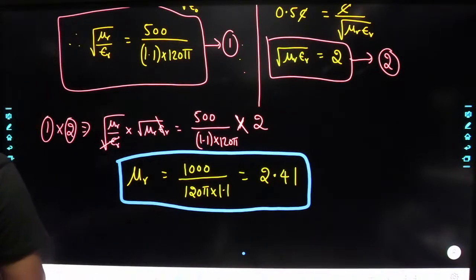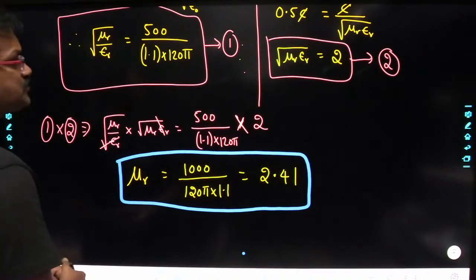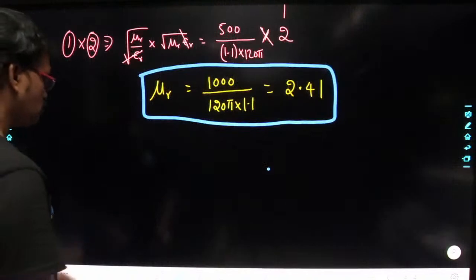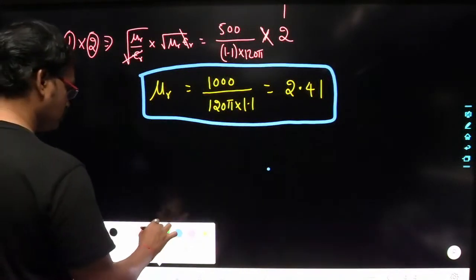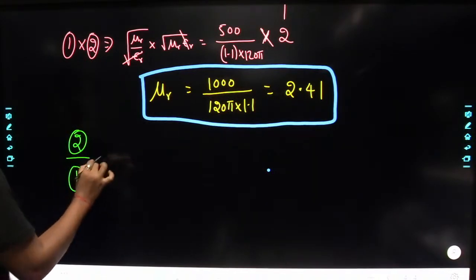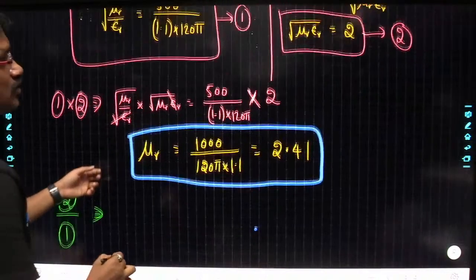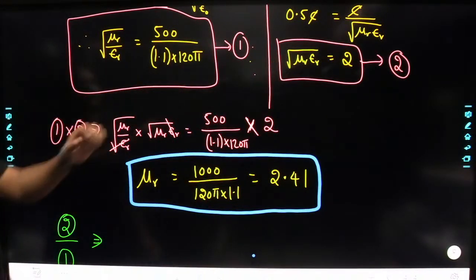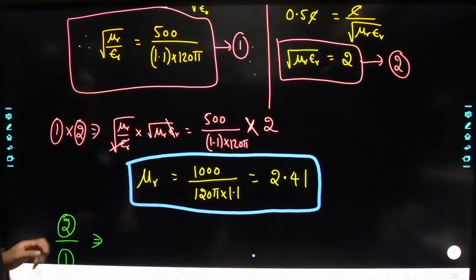So next we have to determine the epsilon r value. How can we determine the epsilon r value here? If you do 2 divided by 1, the second equation is square root of mu r epsilon r, divided by 1, that is square root of mu r by epsilon r.